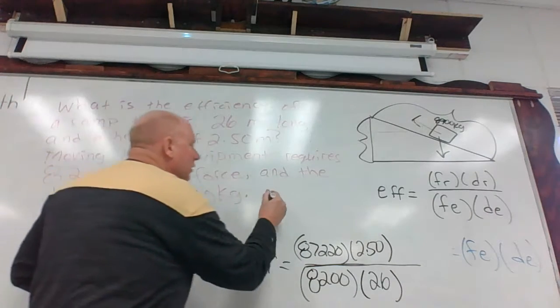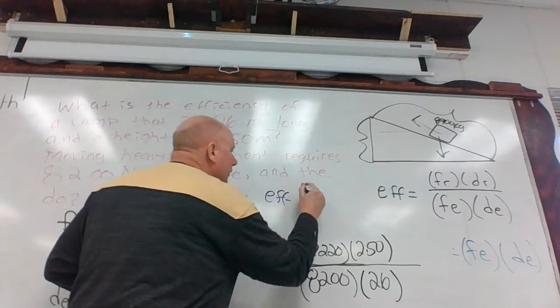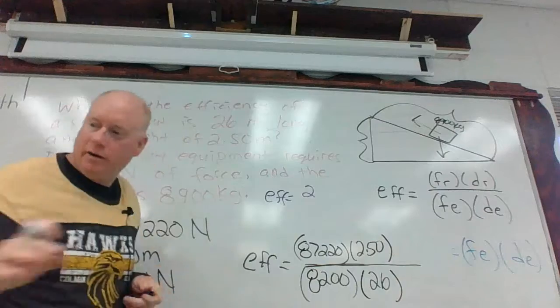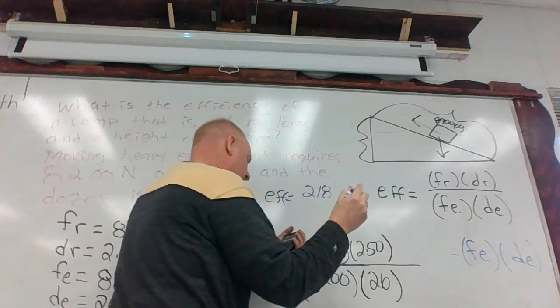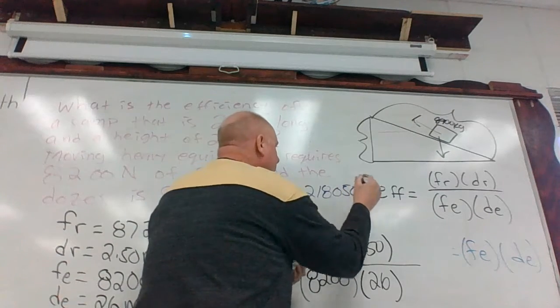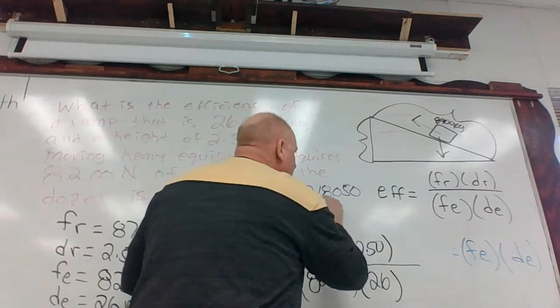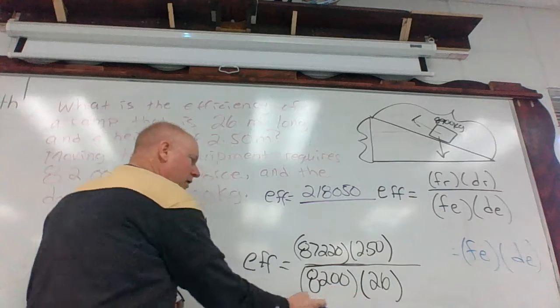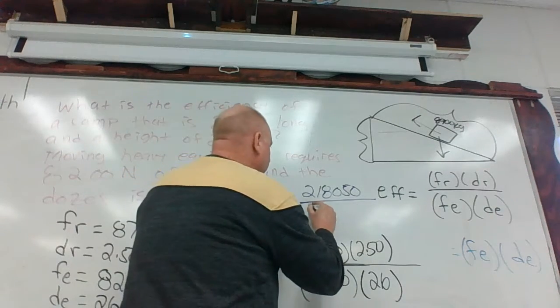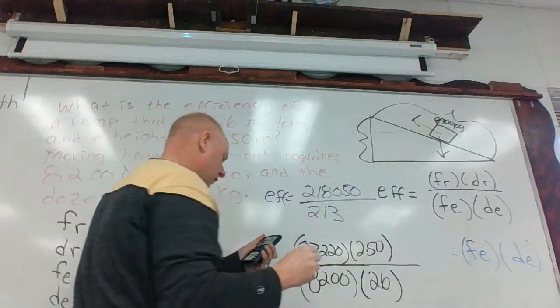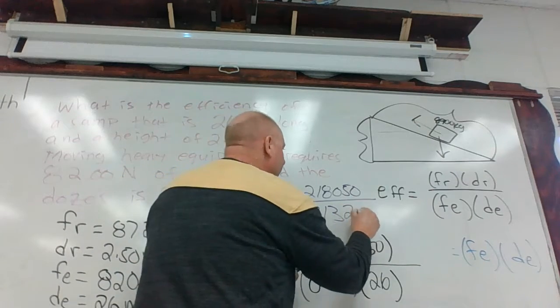We've got efficiency equals 218,050. Okay? And we're going to multiply those two numbers, 8,200 times 26, 213,200.